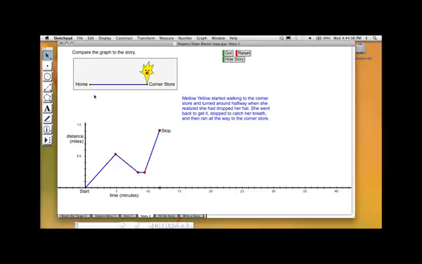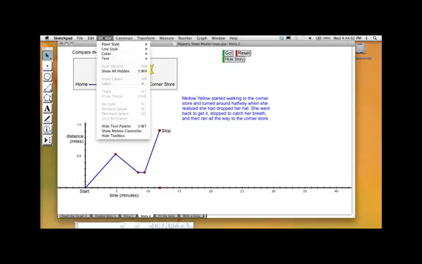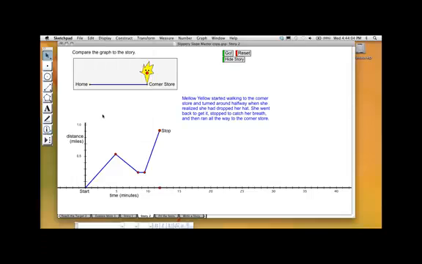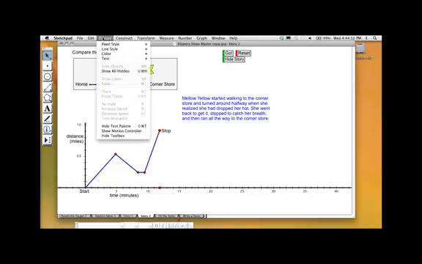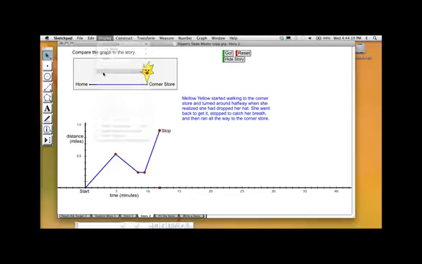Why don't you show the details of how it was constructed. Should I show all? Show all hidden. Ooh. Okay. So when you're really curious about a neat sketch and you want to get a sense of the complexity, one thing you can do is to show all hidden, and this will show all the objects that were used to construct the sketch.